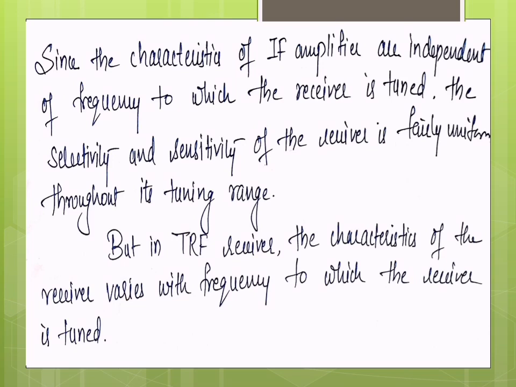So the sensitivity and selectivity of the receiver are fairly uniform throughout. But in a TRF receiver, the characteristics of the receiver vary with frequency. We don't have this kind of section in the TRF receiver. In a TRF receiver, we just give the signal directly from the RF amplifier to the detector. There is no fine tuning there. That's why there are lots of limitations in the TRF receiver.